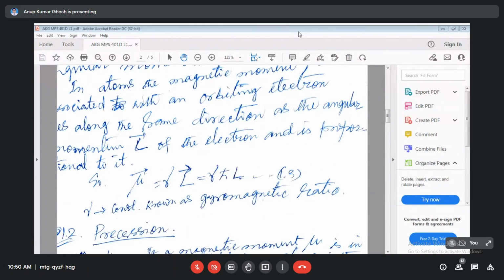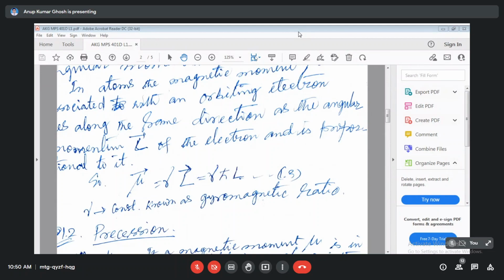So in atoms, the magnetic moment associated with the orbiting electron is along the same direction as the angular momentum L of the electron, and is proportional to it.